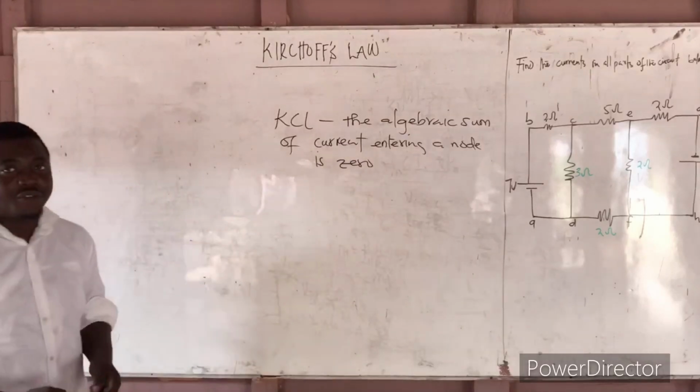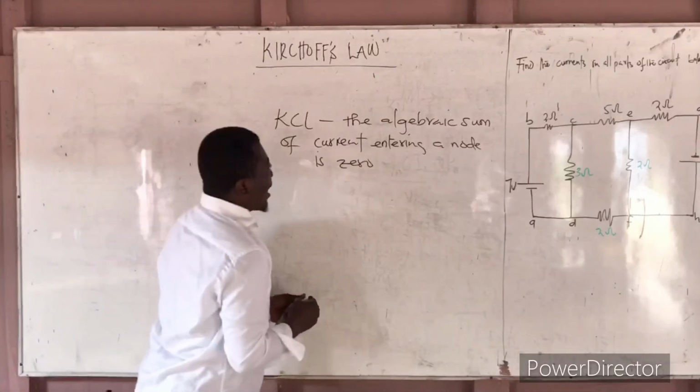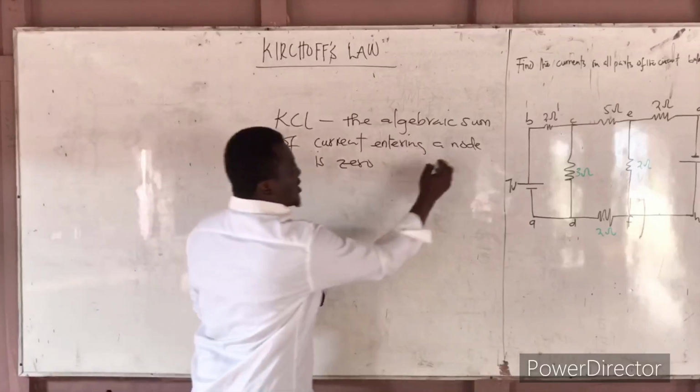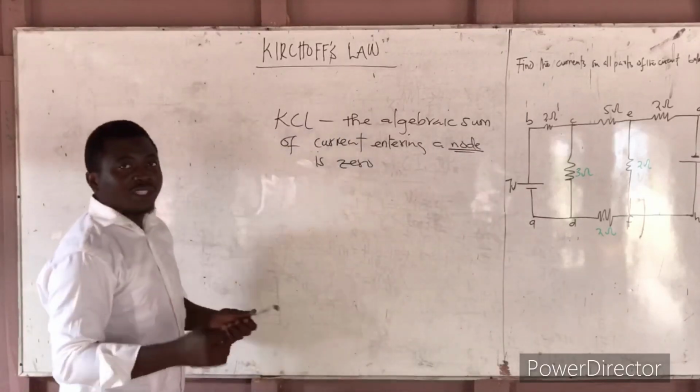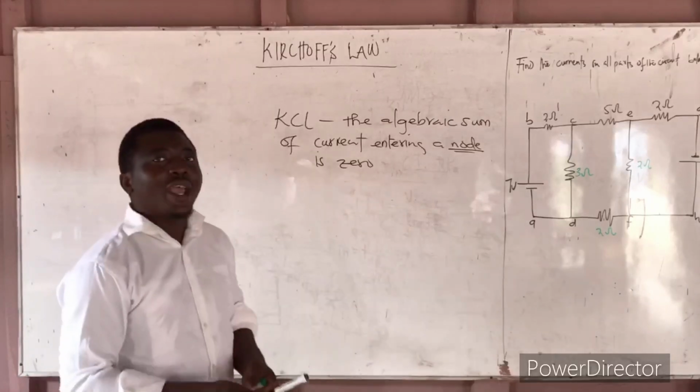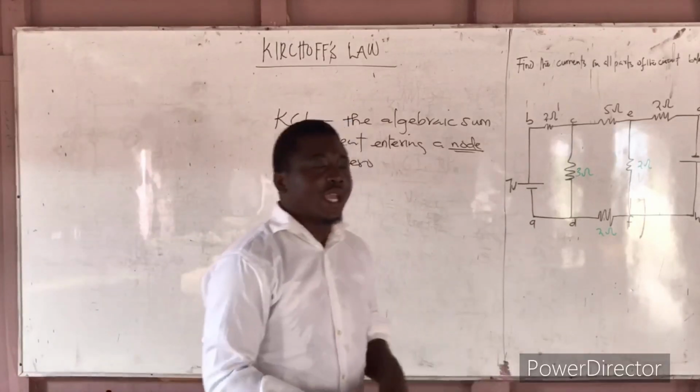So that's what Kirchhoff said. Indirectly, what this law is making us know is a node. What is a node? A node is a point where currents split or come together.